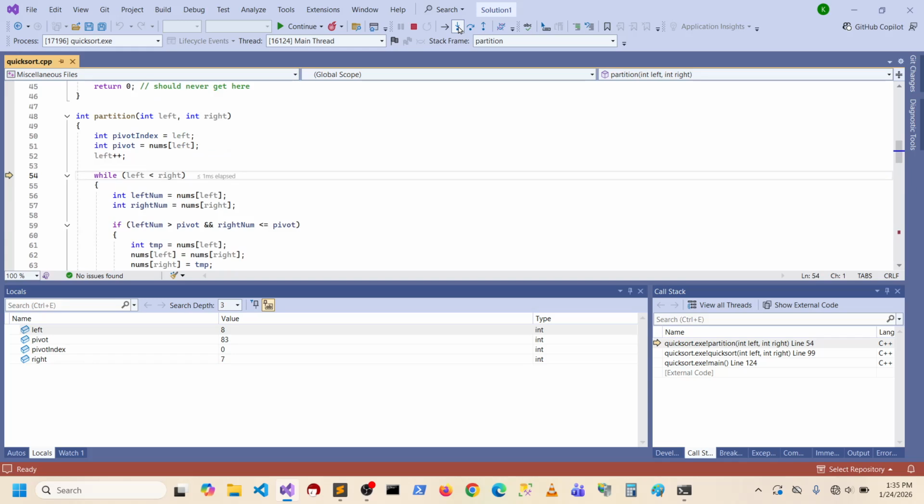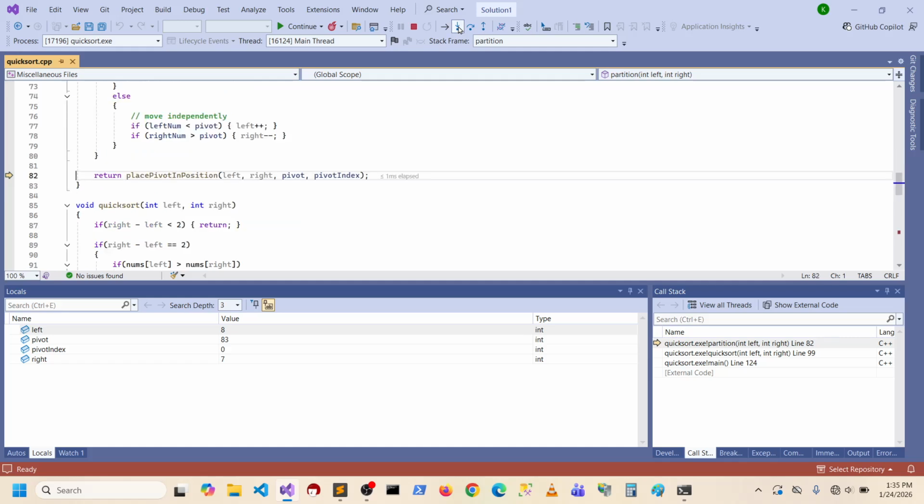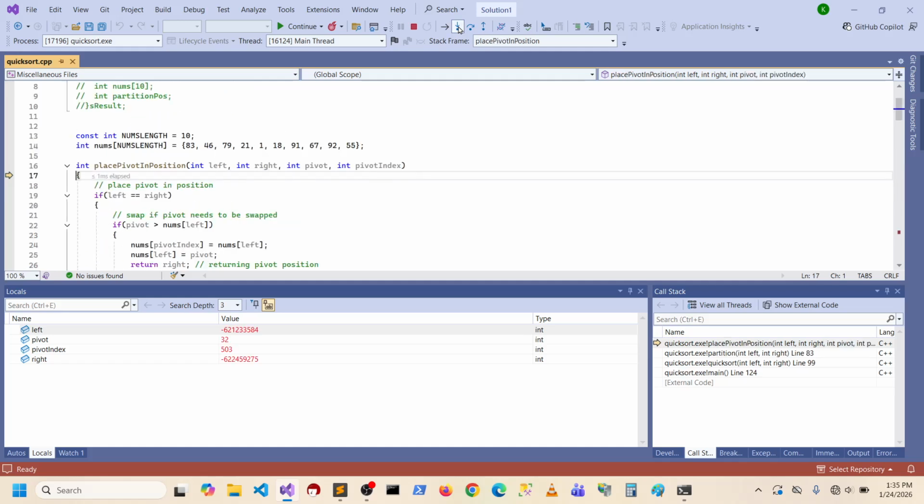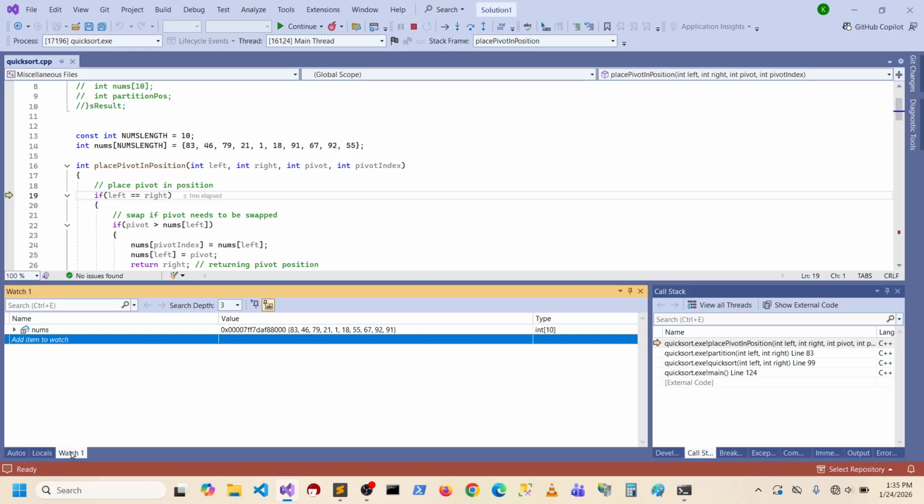See, now left is past 7. So now we set the pivot. Left does not equal right. So left is 92 and right is 67.